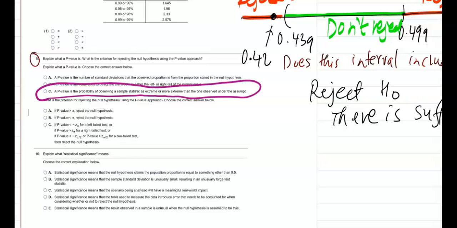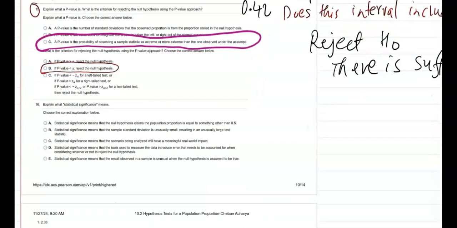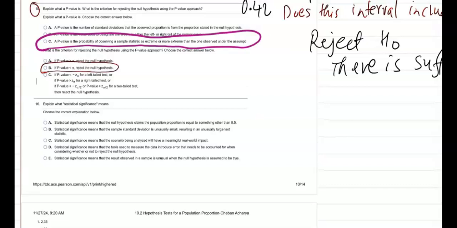Again, you have to look for the definition in the PowerPoints. For rejection, if the p-value is less than alpha, you reject the null hypothesis. That's the B answer. P-value less than alpha, reject the null. P-value greater than alpha, you do not reject the null. That's what we did before. So that's question number 15.